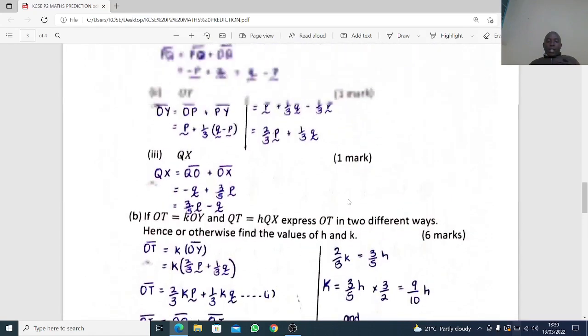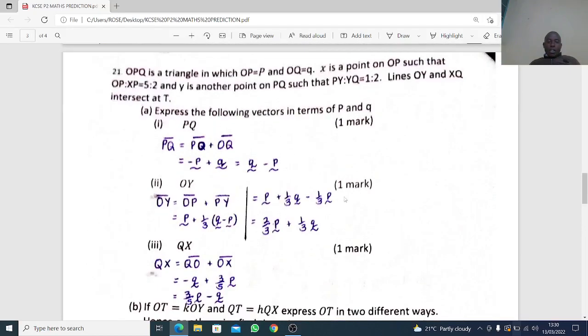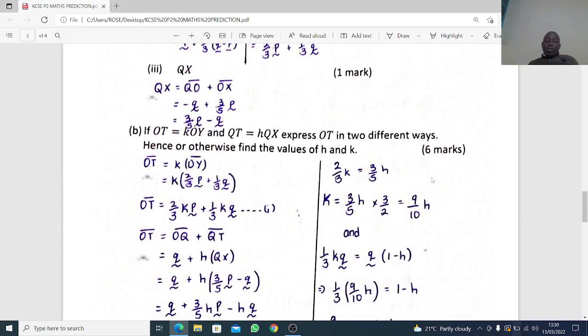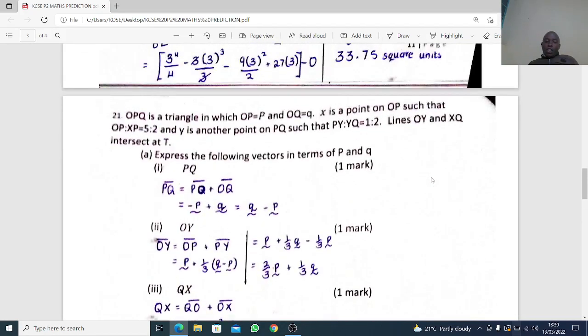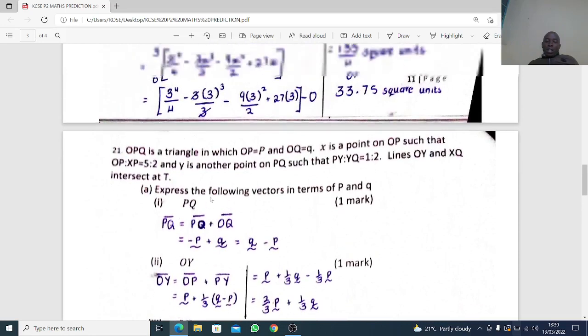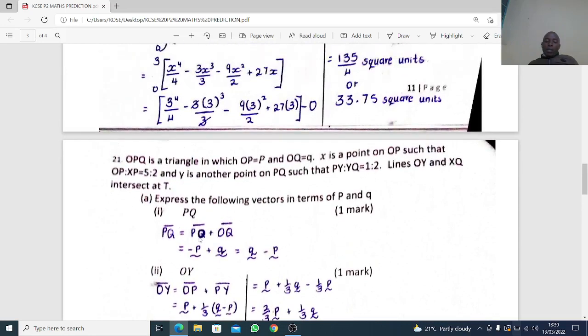It is good that you make a sketch if possible, so that you are able to note the points. The first thing I think we need to do here is to make a sketch.